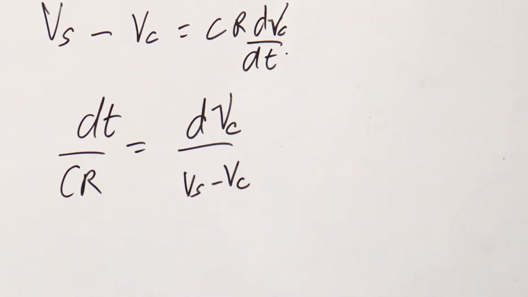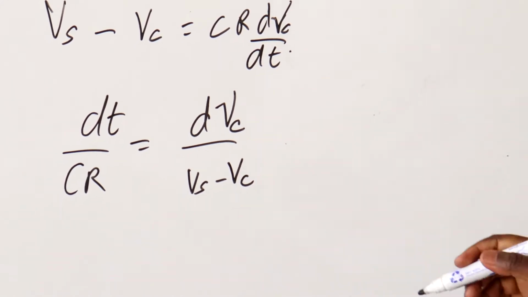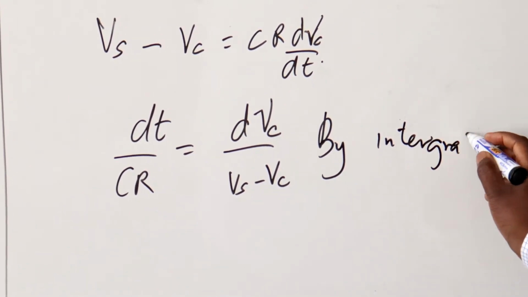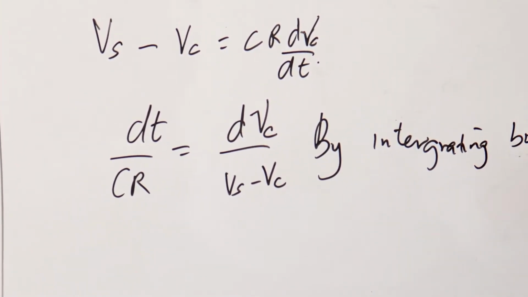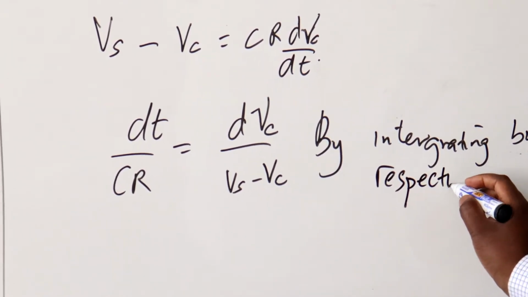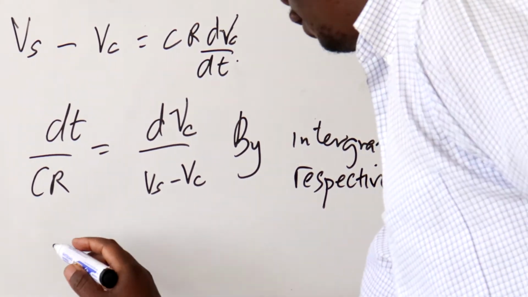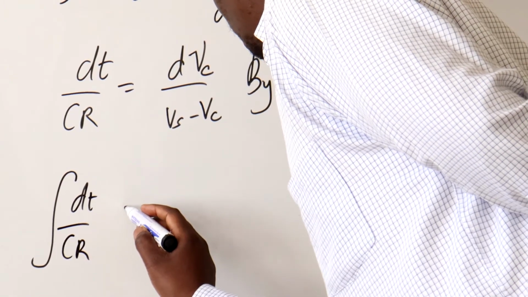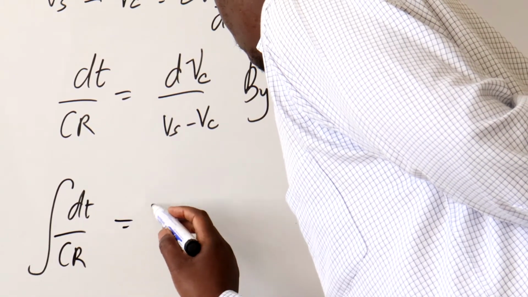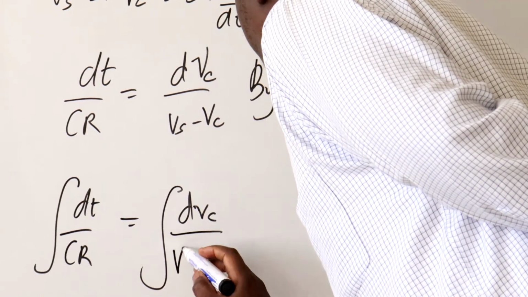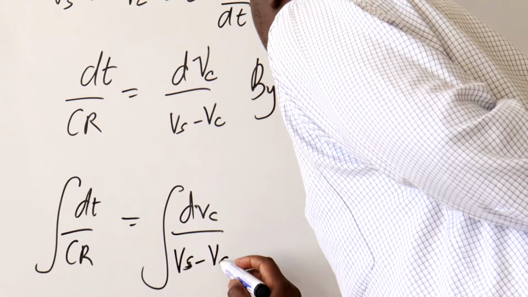So we have this equation here. Then by integrating both sides respectively, we have the integral of dt over CR and the integral of dVC over Vs minus VC.